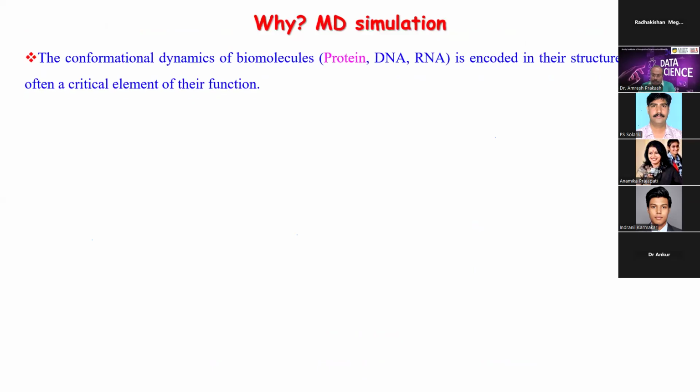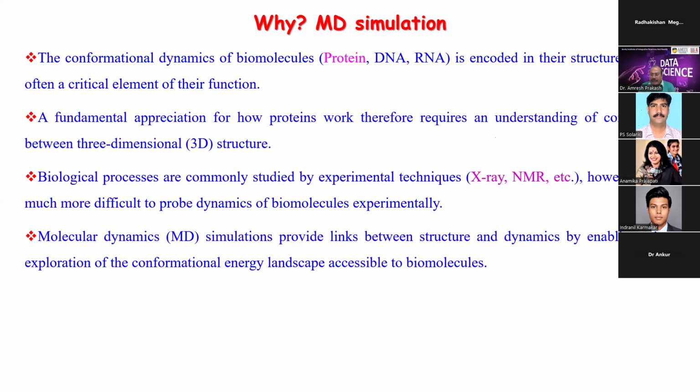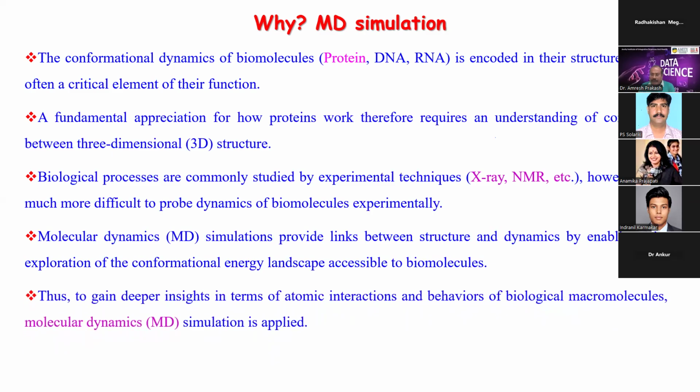As we know, all the biomolecules, whether protein or carbohydrate, are dynamic in nature in order to perform their biological function. Experimentally, to understand the structure, usually two methods are used: X-ray and NMR, and another is electron microscopy.